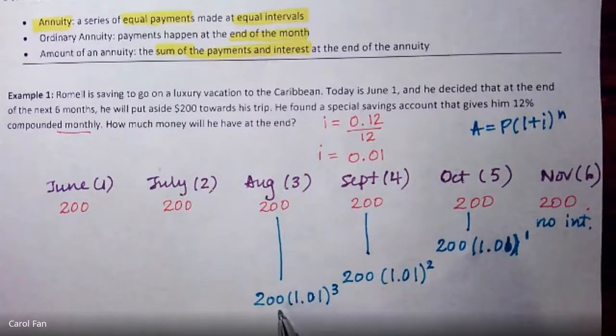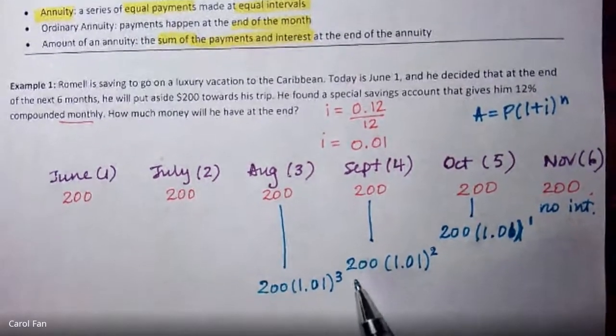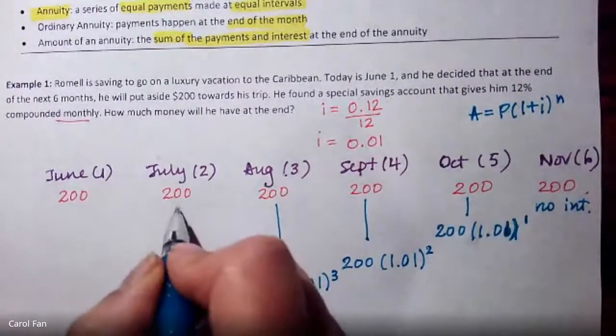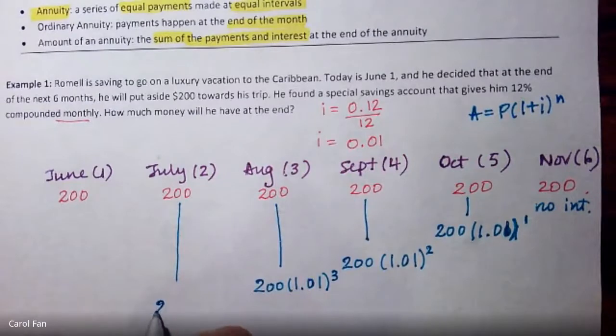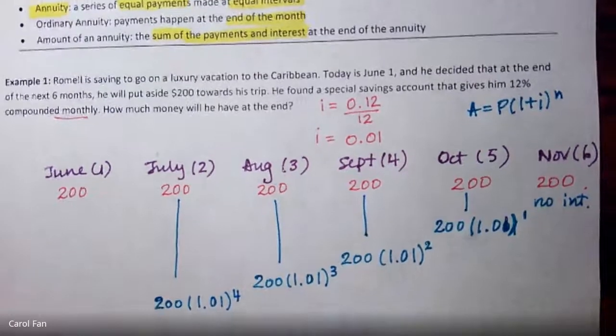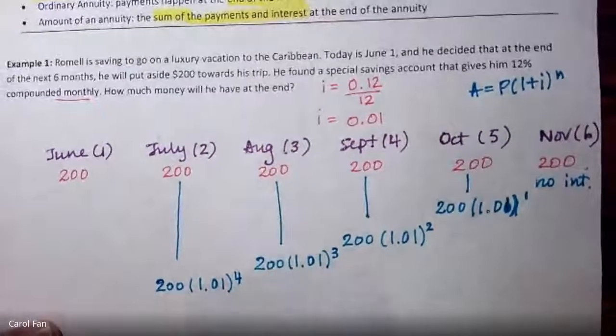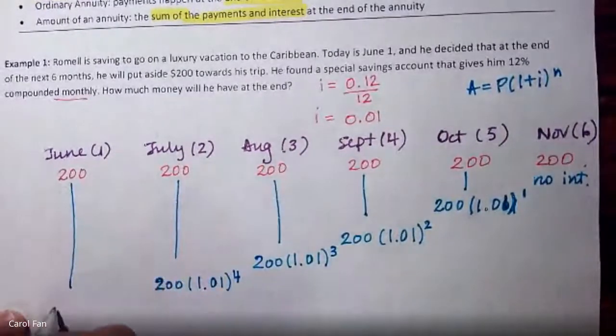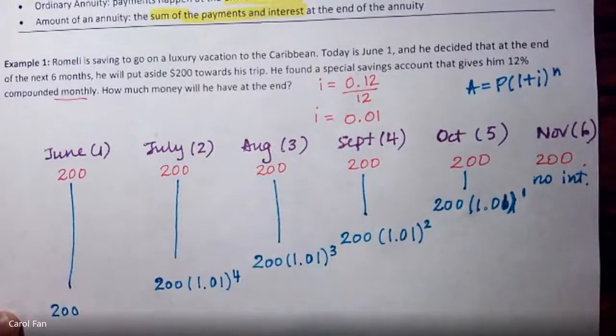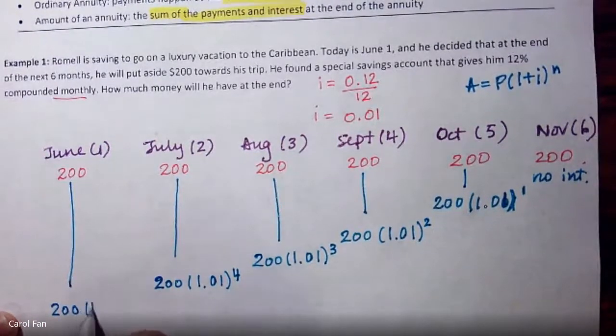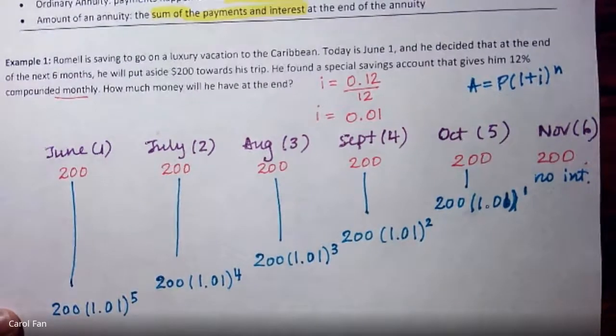He's going to collect interest in September, in October, and in November. The money that he put in July, $200 times 1.01 to the power of 4. And June, the money that he put in will have collected 5 months worth of interest.